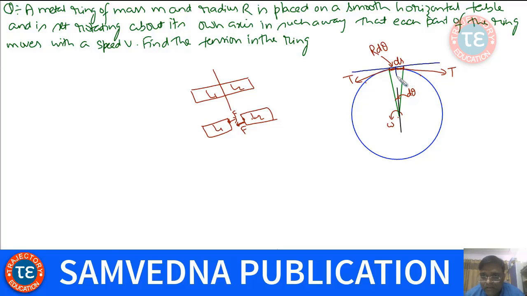So if I draw this, this is going to be d theta by 2, so this must also be d theta by 2. That's a simple geometry. If I draw a tangent over here, it is perpendicular to this line, so this line and this line, the angle is d theta by 2.